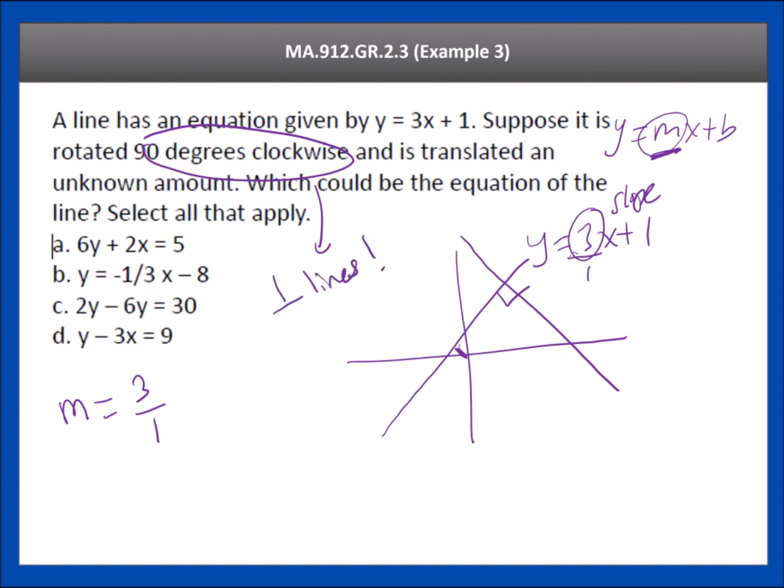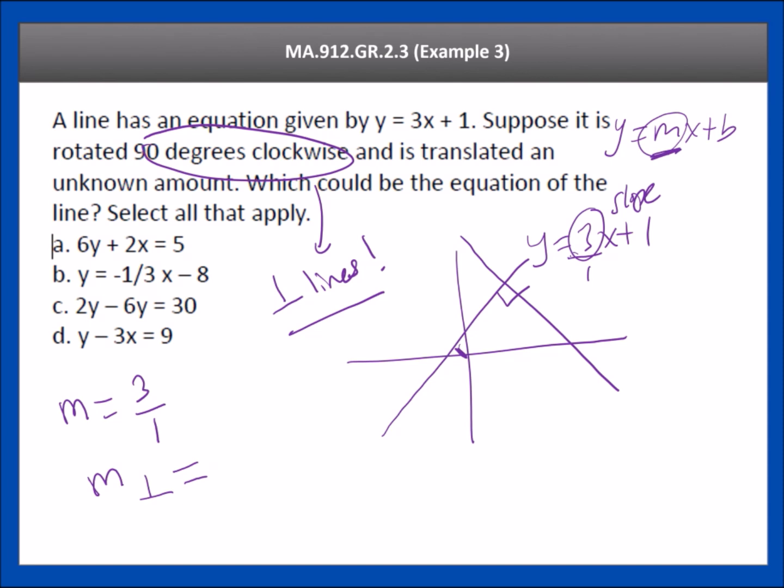lines. And if the lines are perpendicular, then we can at least find the slope, right? So two lines that are perpendicular always have slopes that are negative reciprocals of each other.